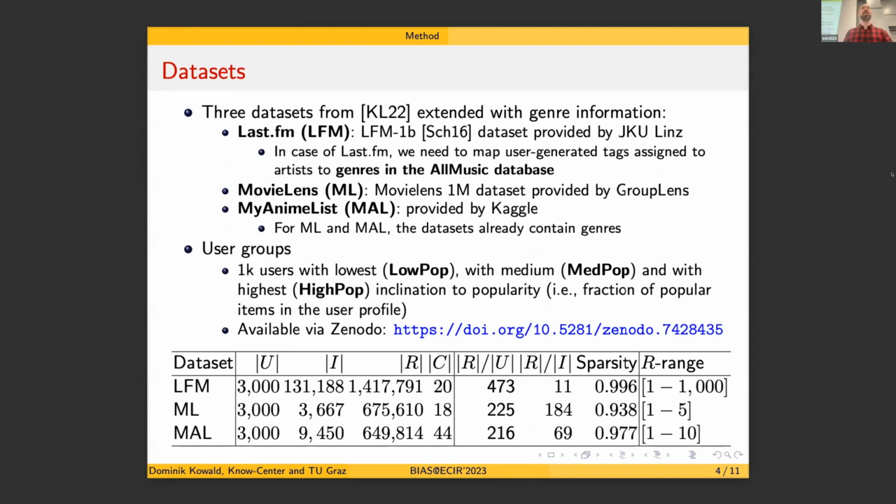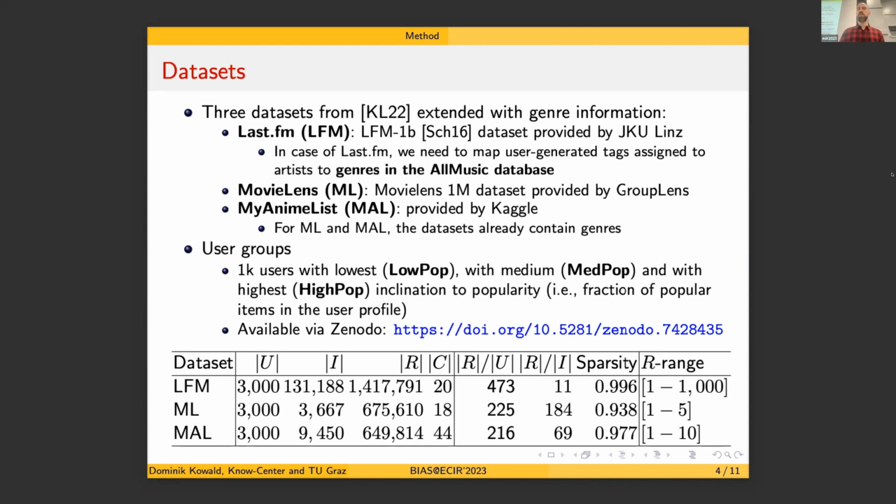So looking at the datasets that we used, we built on 3 datasets that we already used in the previous work that we also presented last year here in this workshop. But this time we extended them with genre information because we need them for this miscalibration definition. In case of Last.fm, this music dataset, we needed to do this genre mapping on our own.